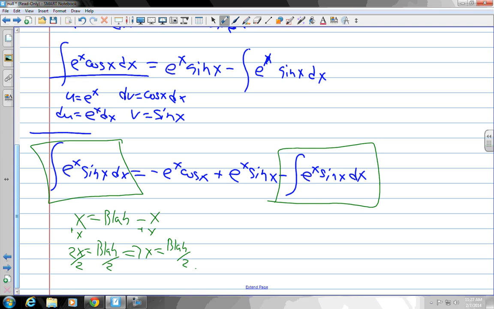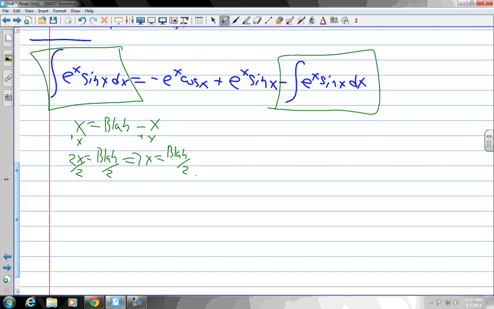So I can do the same thing here. If I add that integral to both sides, it cancels over there, and gives me 2 times the integral of e to the x sine of x dx equals that. Let me write it pretty. E to the x times sine x minus cosine x.